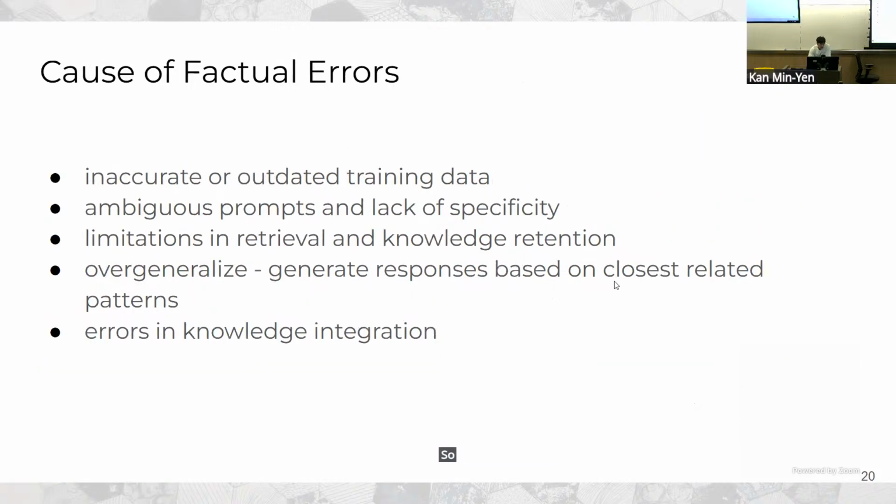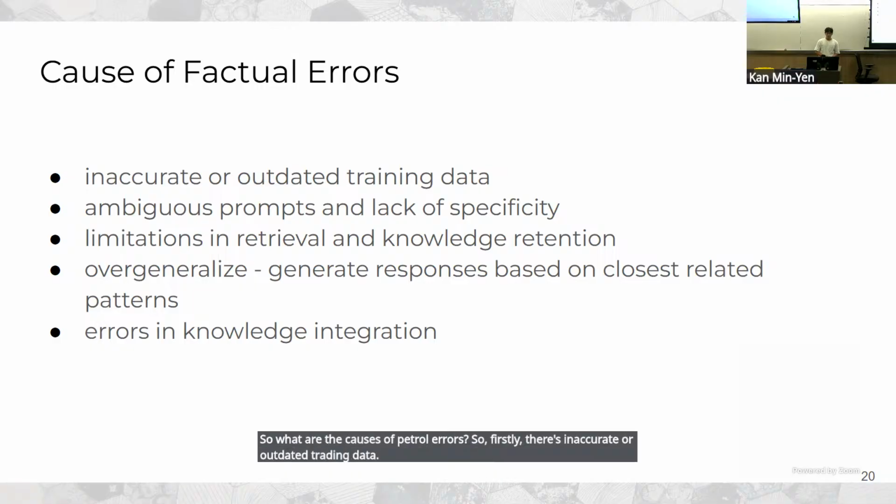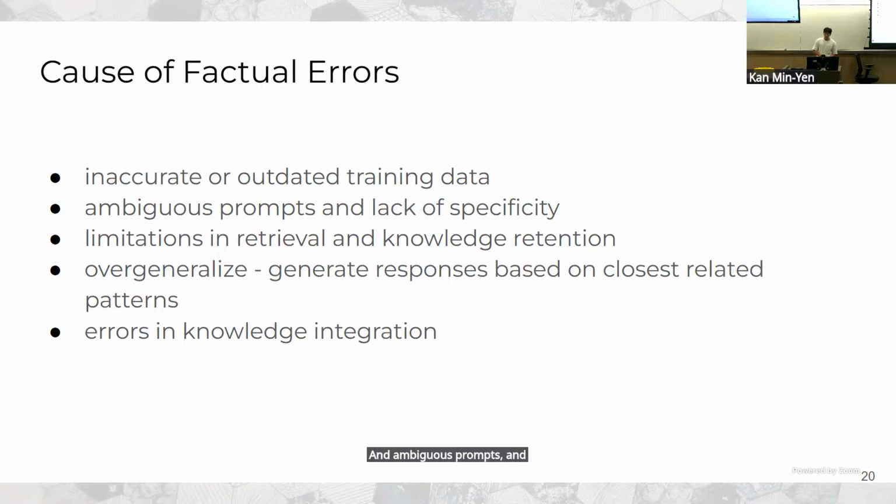So what are the causes of factual errors? Firstly, there's inaccurate or outdated training data. Secondly, ambiguous prompts and lack of specificity. This refers to poorly phrased queries, which make it more difficult for the LLM to answer our questions because there are multiple different interpretations of them.